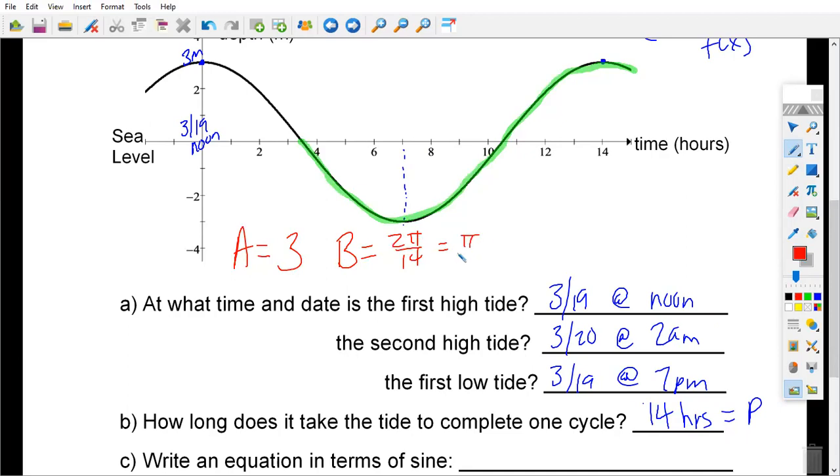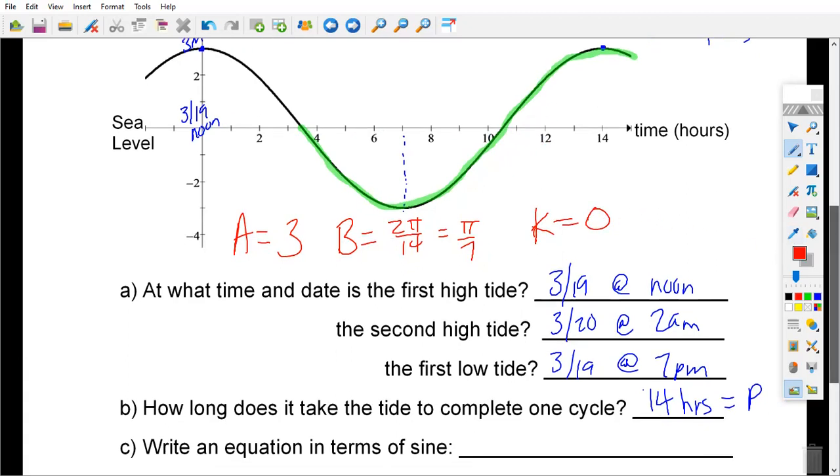So this becomes pi over 7. Okay, and our K value is going to be 0. For all of our functions, our K values are going to be 0 because they're simple harmonic, meaning that we're not moving up and down on the y-axis. Does that make sense? Our y-axis is the axis of our wave, so K equals 0.